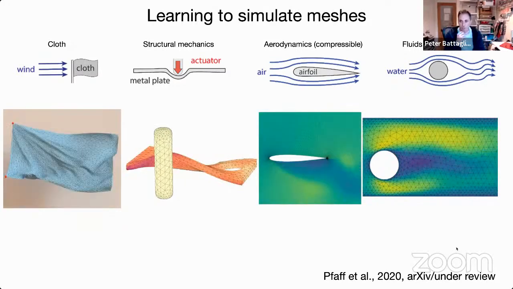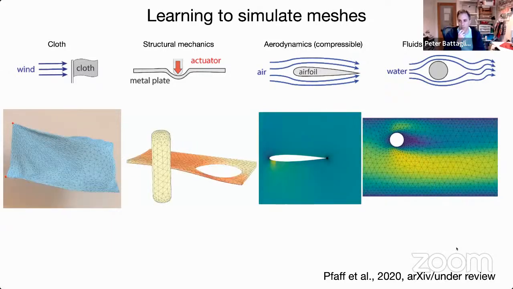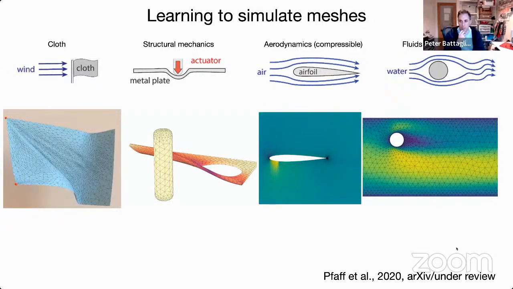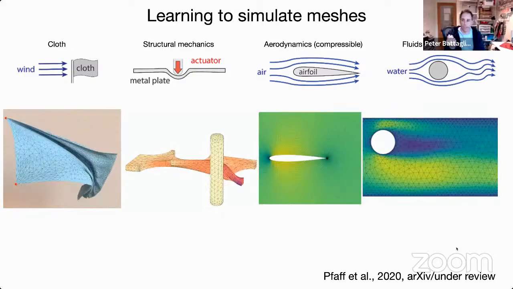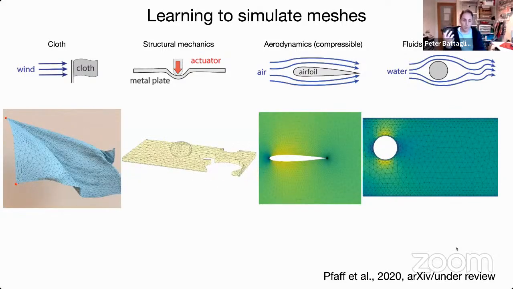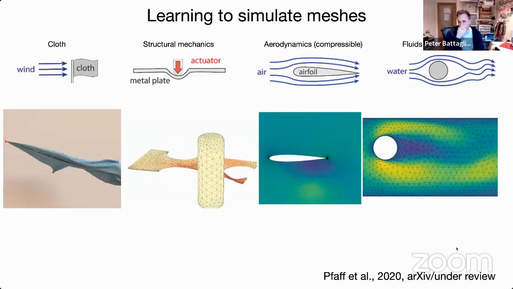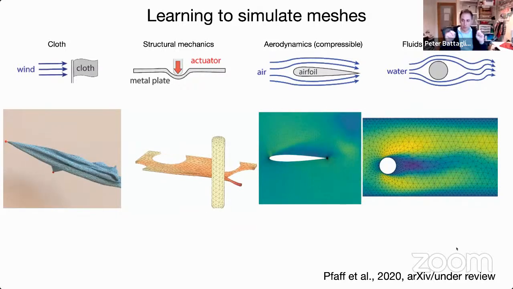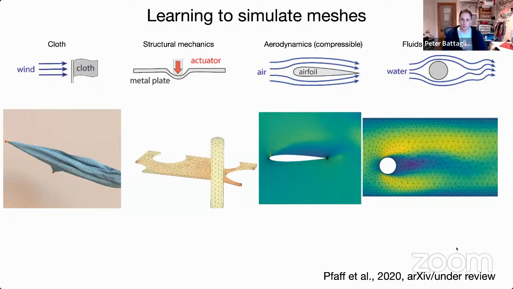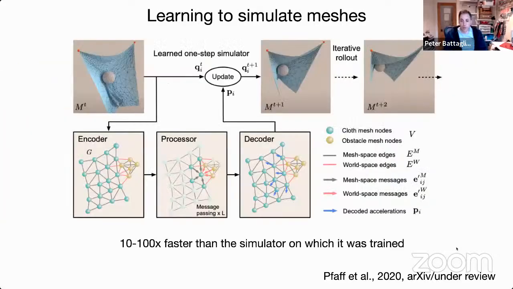We also have compressible and incompressible fluids. Compressible fluids are like air around a wing, and on the right you have incompressible fluids, like water or liquid. This is a standard domain called cylinder flow that lots of simulation tools evaluate.